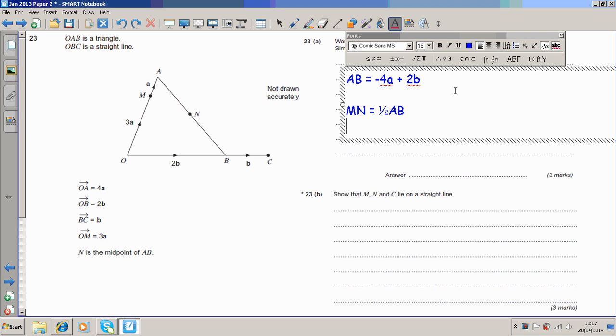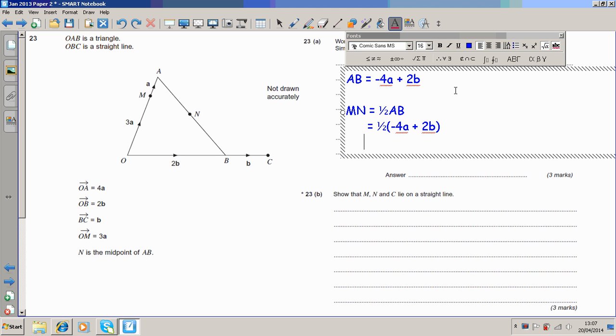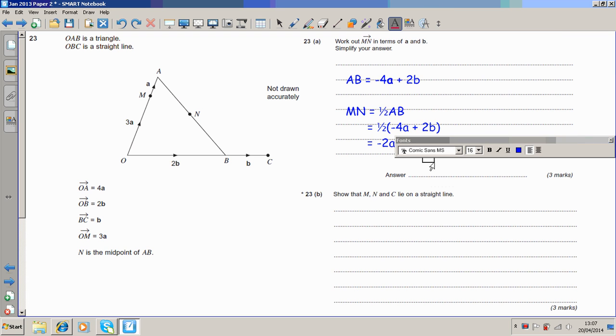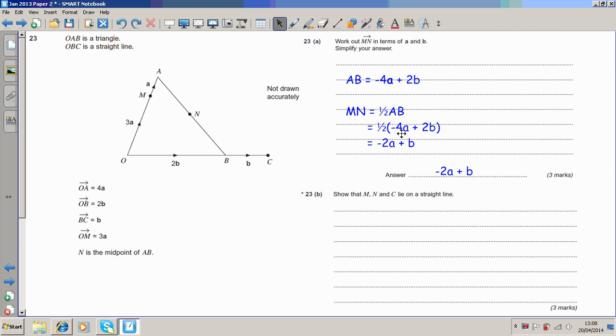It's half AB, so that is half of what we worked out already, which was minus 4a plus 2b. And so half of each of them is going to give you minus 4a halved is minus 2a, and 2b halved is b. So there's your answer: minus 2a plus b.